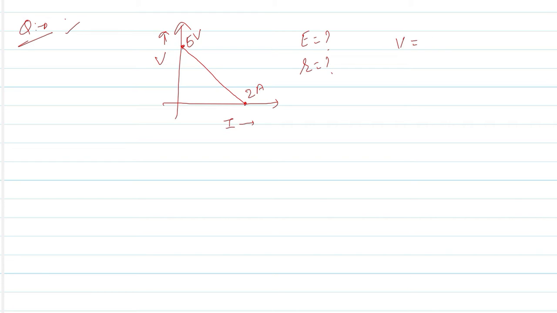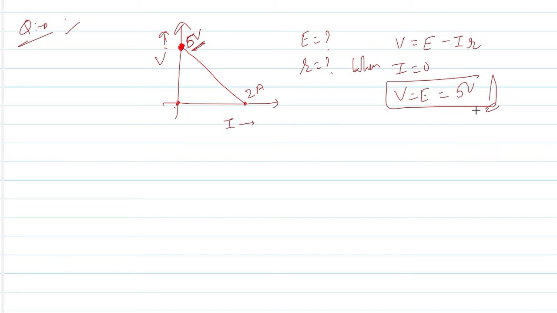Let us see the equation. Because the cell is in use, let us consider that equation again. At this point current becomes 0, so when current becomes 0, V becomes E. That means whatever the value of V for I equals 0, that is 5 volt from this diagram, would represent the value of E also. So here we are getting E as 5 volt, right students?